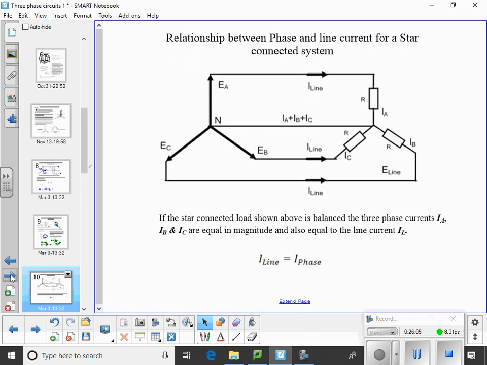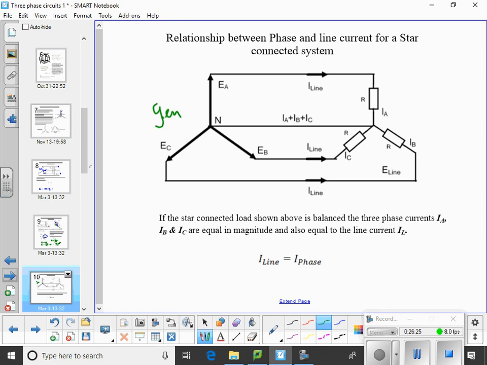Phase and line current for a star connected system. So over here on the left is our star connected generator. We have a current flowing down the top line.